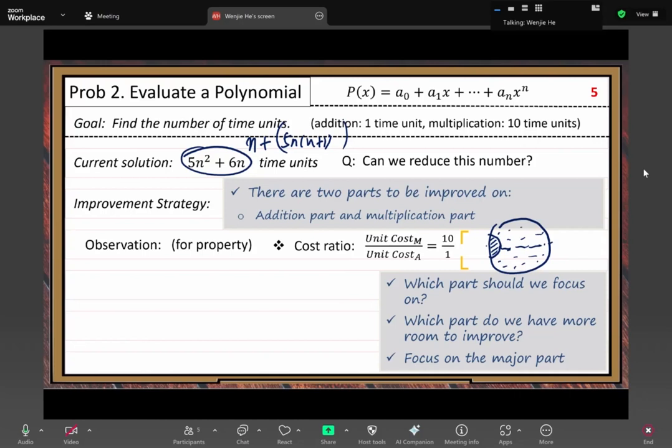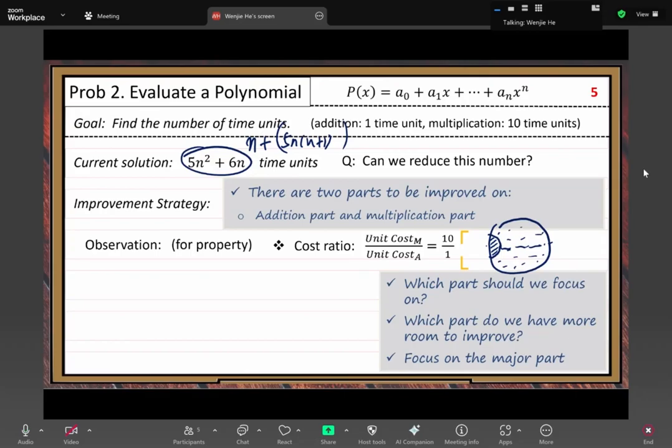It tells us when you have limited resources to improve some general task, you should focus on the major part. That's the essence of Amdahl's law.